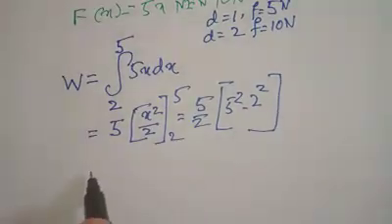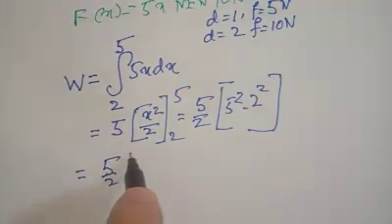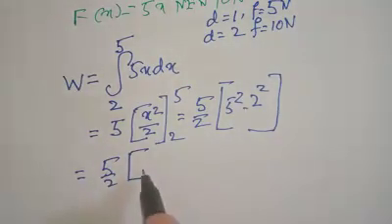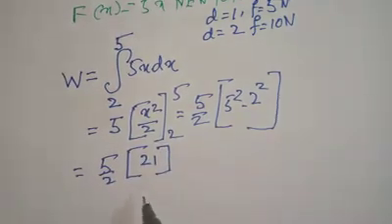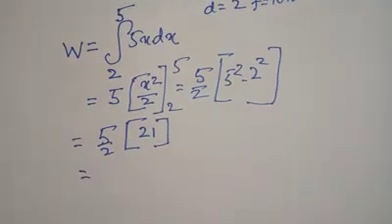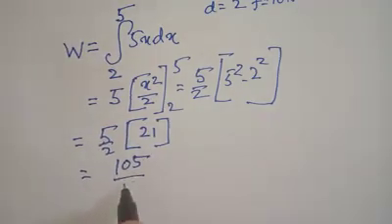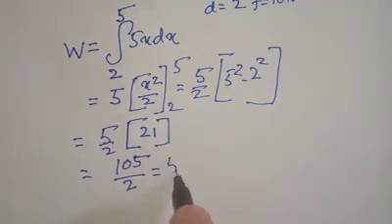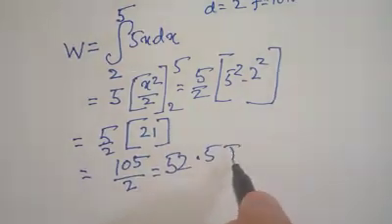Further solving, this would be 5 by 2 times 25 minus 4, which is 21. So this leads to 105 by 2, and eventually it comes to 52.5 joules.